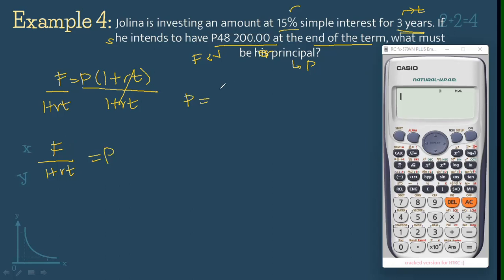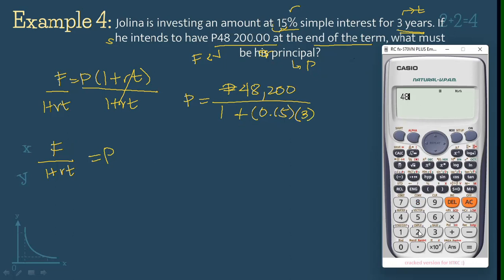That is 48,200 all over 1 plus, what is R? 0.15. Bakit po naging 0.15? Dahil move to the left by 2 places para ma-convert ito ng decimal. Ano po yung time natin? That is 3 years.